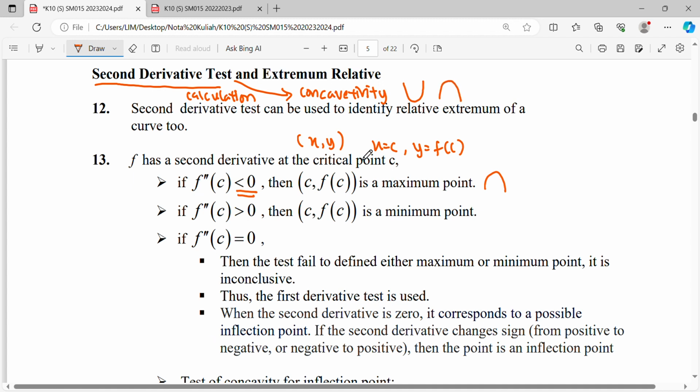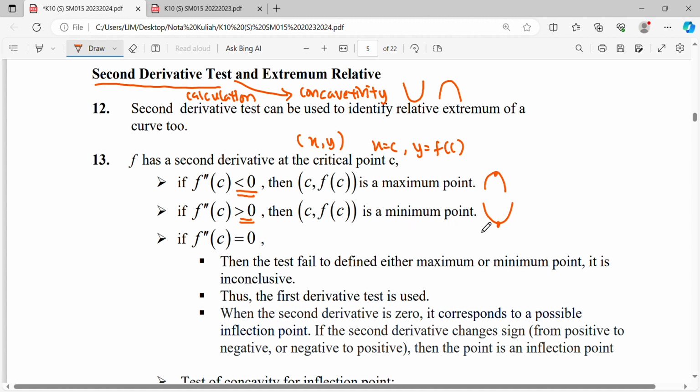When you substitute the critical point into the second derivative and get negative, it is concave downward, so you can justify that your point is a maximum point. If you substitute and get positive, it is concave upward, so the point is a minimum point.